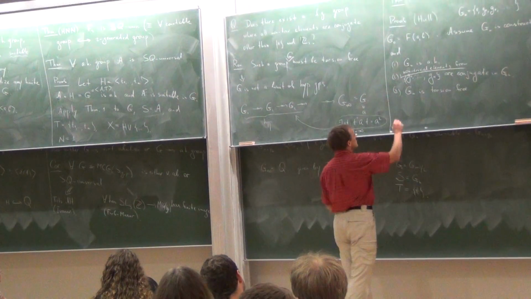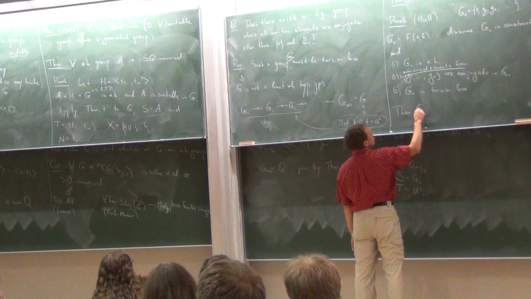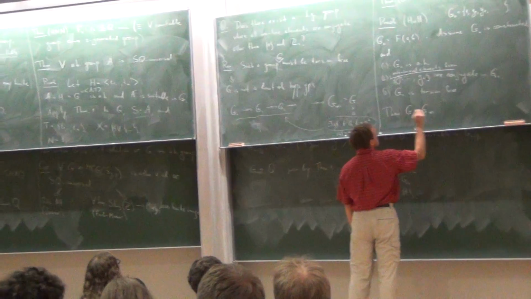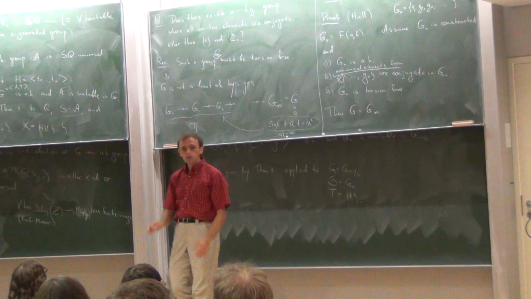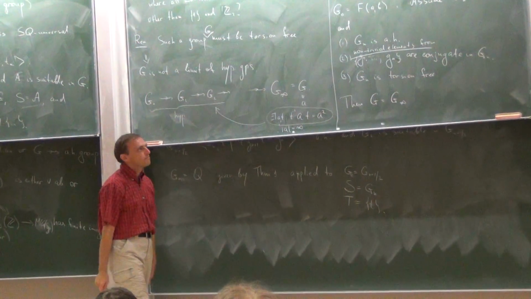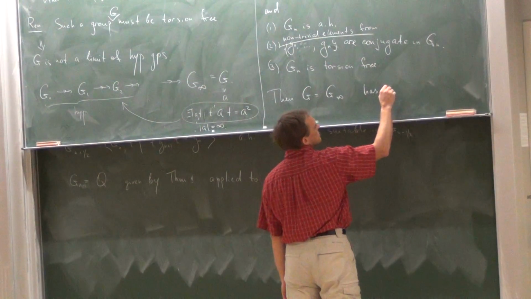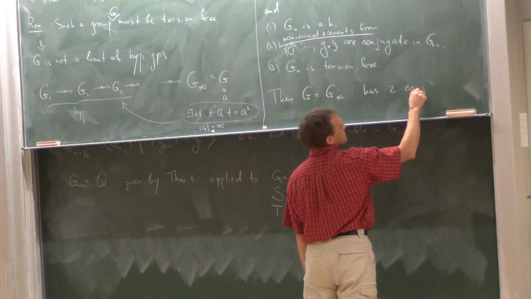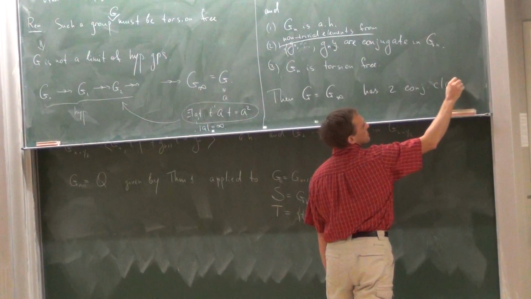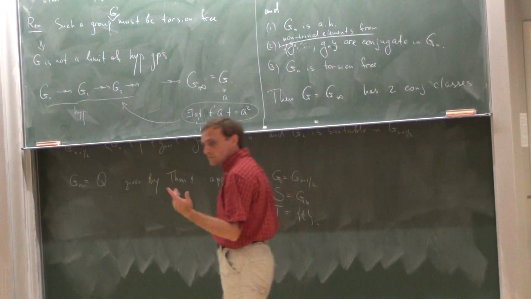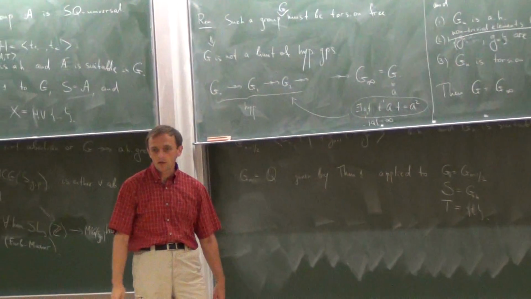And then you just take the group G, which is G infinity, the limit group in this construction when you impose all these relations. So what you get has exactly 2 conjugacy classes, which means the trivial element and all non-trivial elements are conjugated, right?